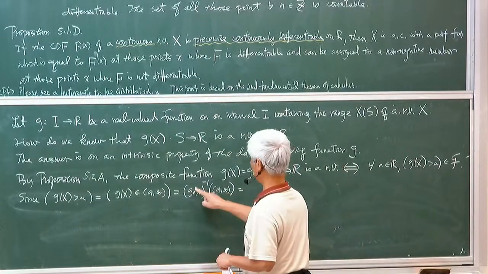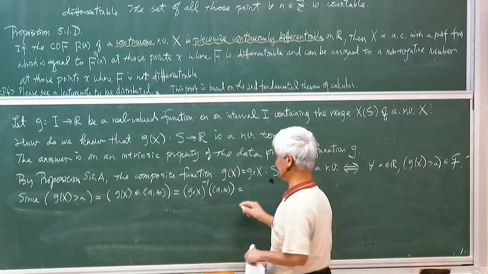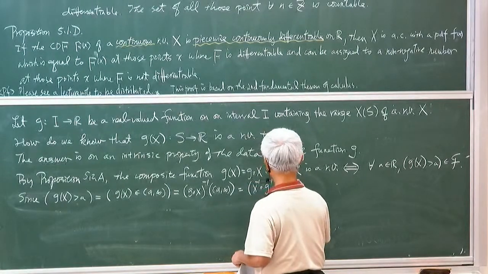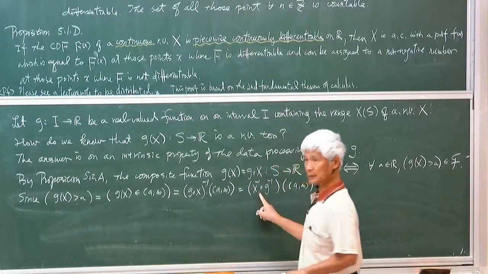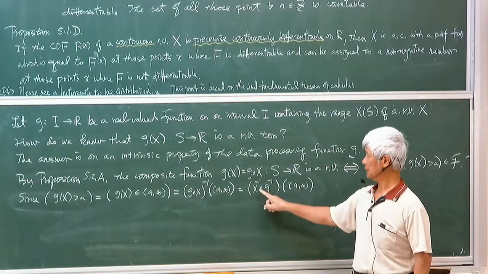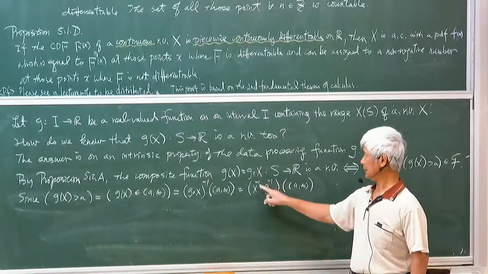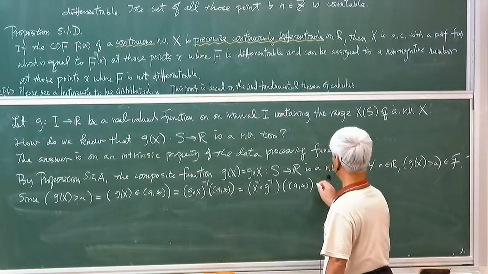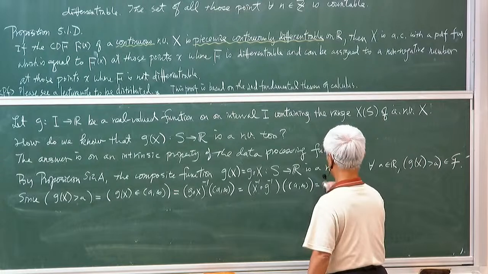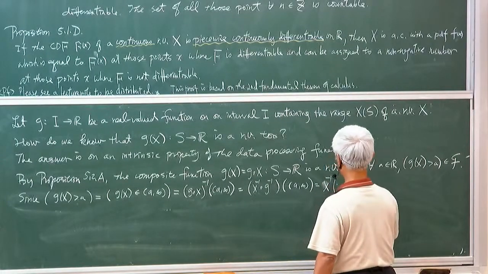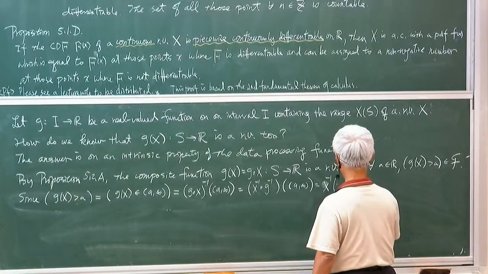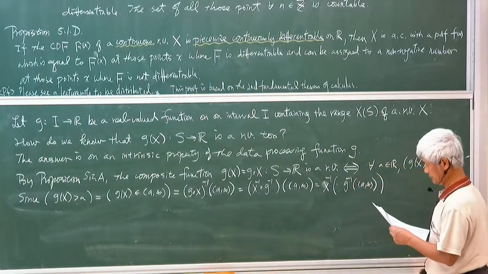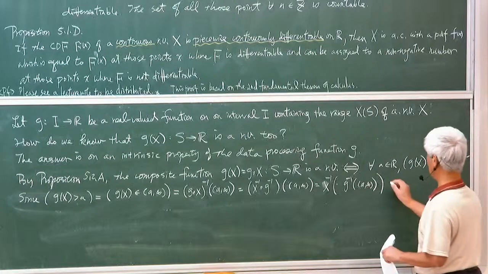And as we know, the inverse mapping of the composite is equal to the composite of x inverse and g inverse, but you have to reverse the order. So this is x inverse of g inverse. So what is that?